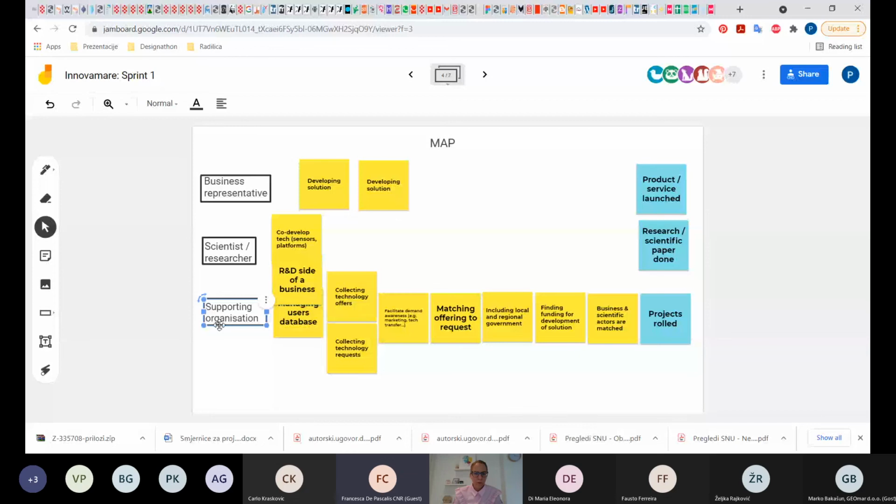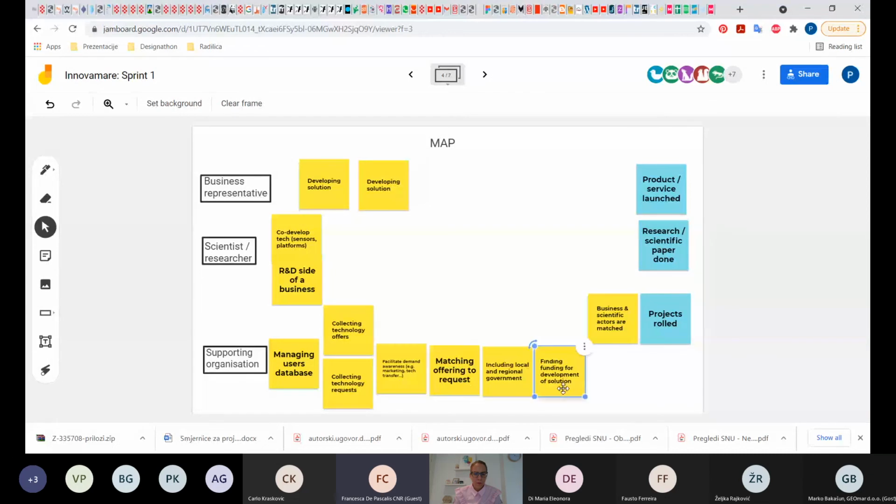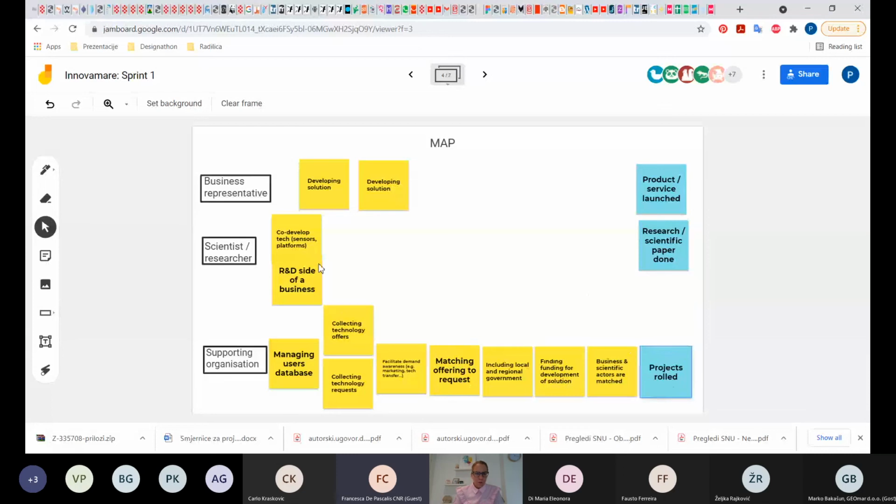Or we can be the research side of the development of a particular product, so we can have a scientific paper on the technology approach, on technology applications. So it depends which kind of role we would like to explore deeply in this case. But yes, we can be user, but also co-developer in this case.